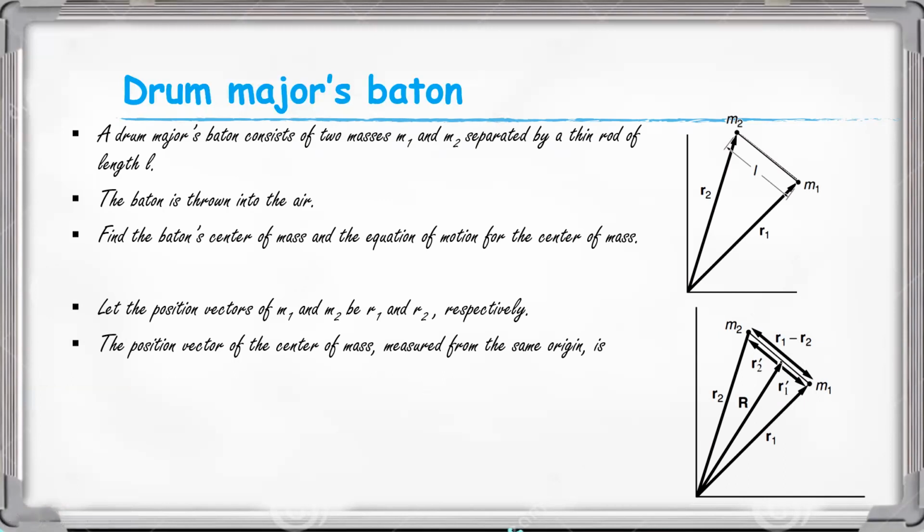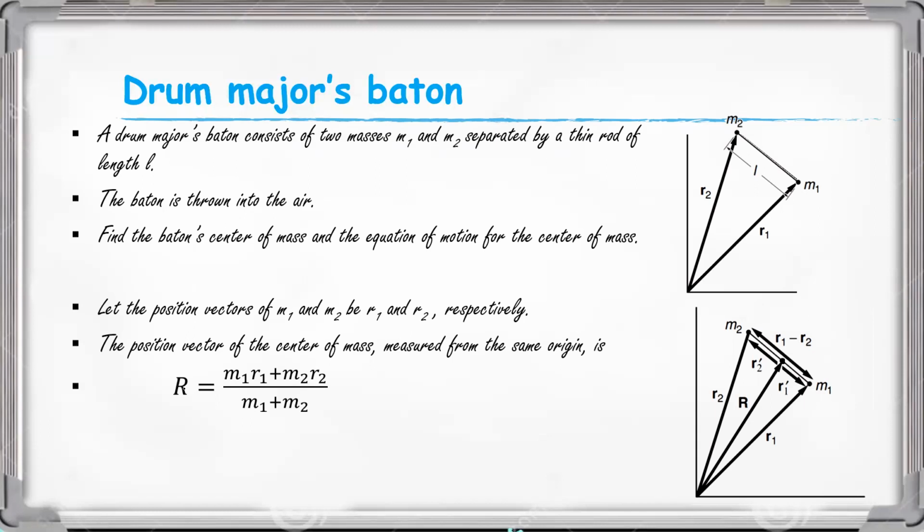Here we assume this is the center of mass, and from the center of mass the distance to m1 is taken as r1 dash, and the distance to the mass m2 is taken as r2 dash.